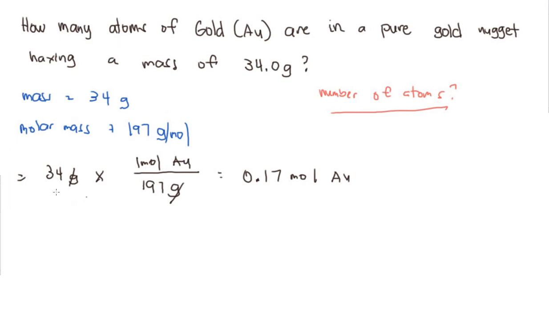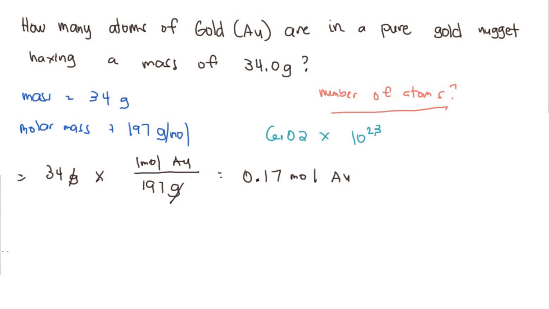If we review the last topic, the Avogadro's number is 6.02 times 10 raised to 23rd. Given the number of moles, we will convert it into number of atoms using the Avogadro's number.